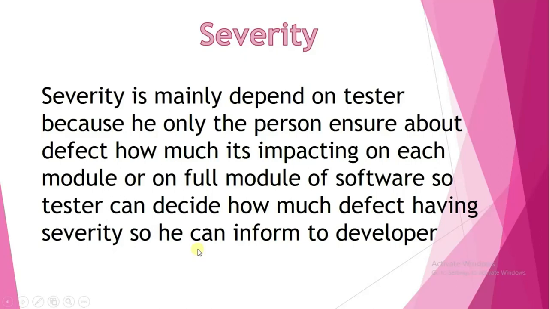The tester may indicate that the severity is very heavy and it has to be resolved immediately. If the gear is not working, it is called low priority. If the brakes are not working, it is medium priority. So by comparing to a vehicle, we get some idea of how the tester can decide the severity.